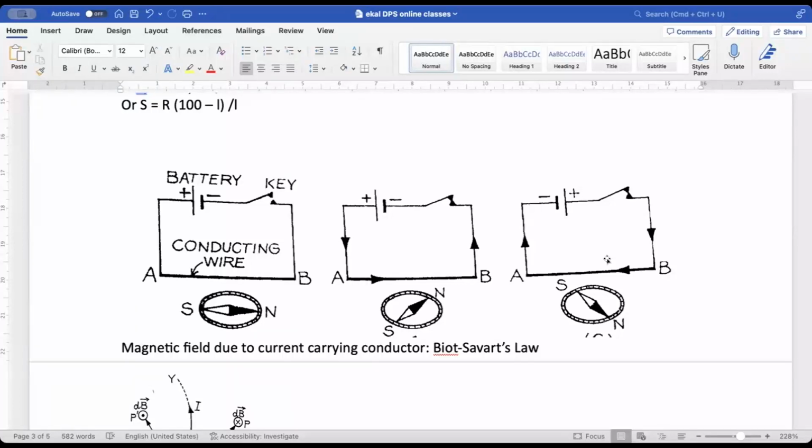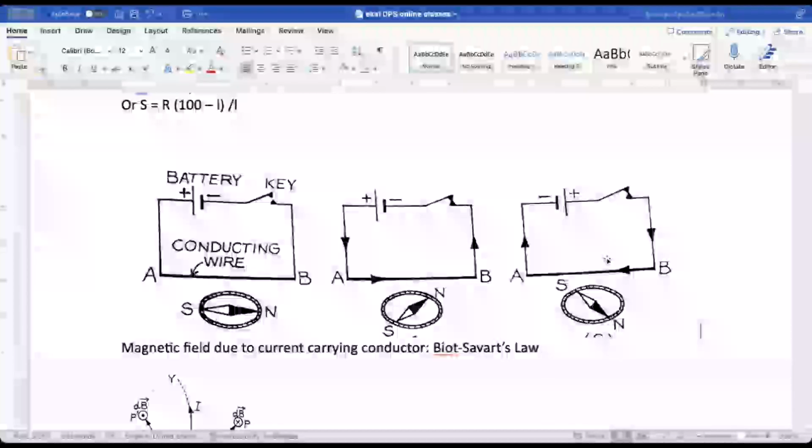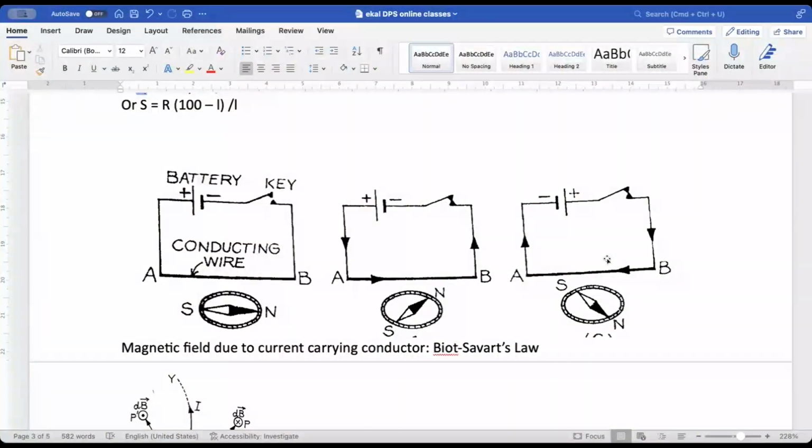So this experiment shows us that the magnetic field is produced due to the effect of the current. Electric current is nothing but charge in motion. So it is concluded here that a moving charge always produces a magnetic field in the surrounding space.